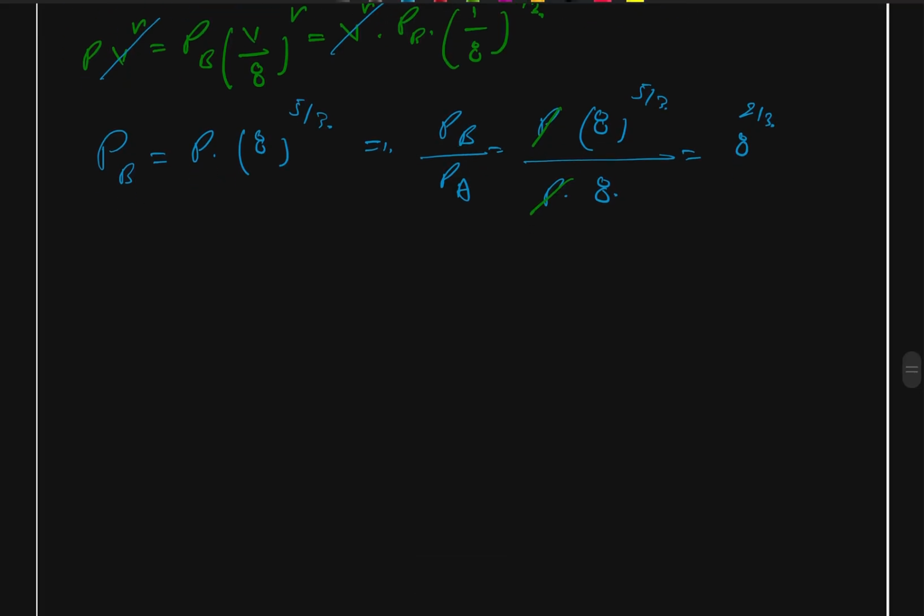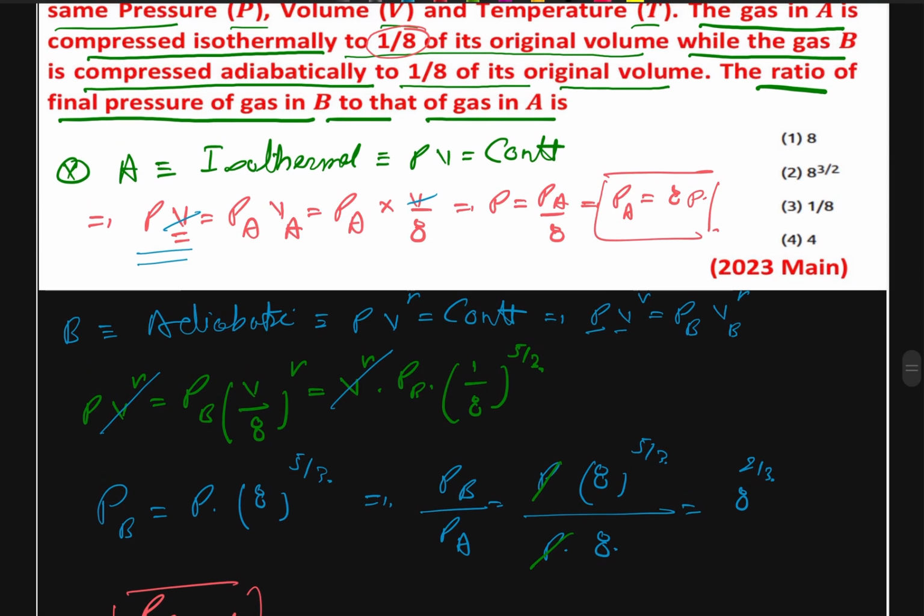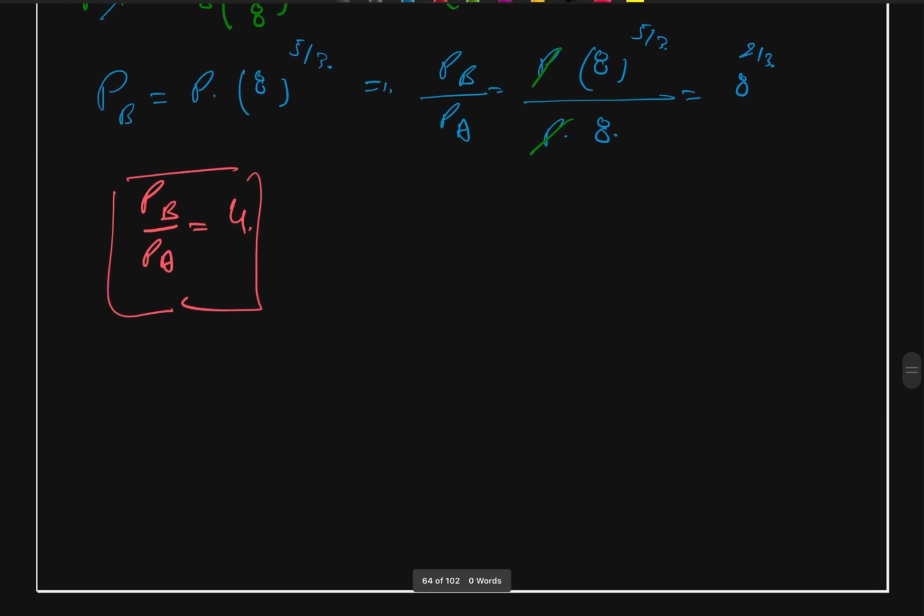Therefore we can say that our ratio of PB upon PA is equal to 4. So option 4 is correct.